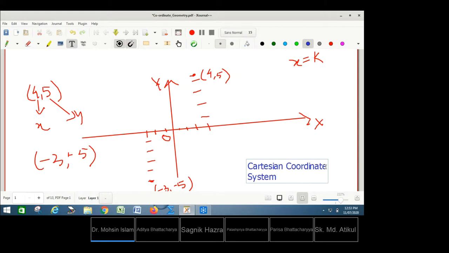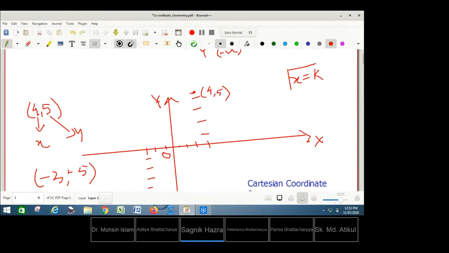Right. So now I want to mention something: how will you show x equal to k? x equal to k is a line parallel to the y-axis.